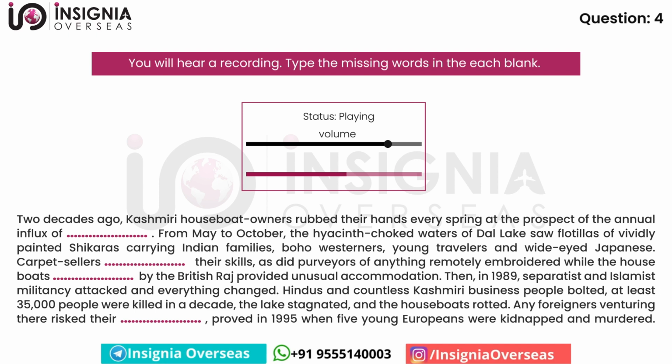Then, in 1989, separatist and Islamist militancy attacked and everything changed. Hindus and countless Kashmiri businesspeople bolted, at least 35,000 people were killed in a decade, the lake stagnated, and the houseboats rotted. Any foreigners venturing there risked their lives, as proved in 1995 when five young Europeans were kidnapped and murdered.